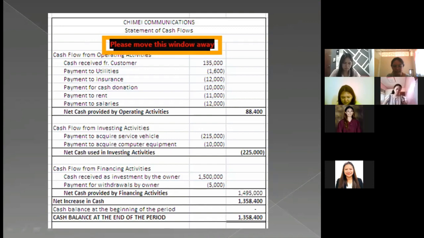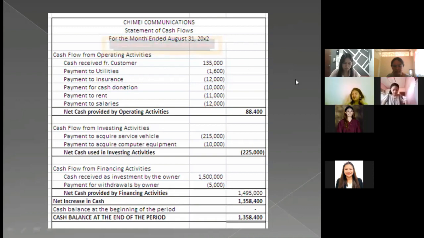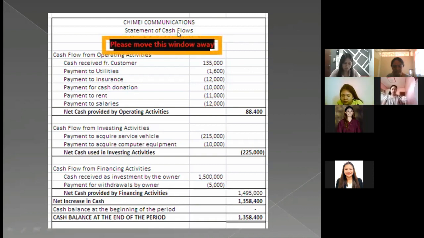The second line is kung anong FS ang gagawin. Pero yung FS na gagawin natin dito is statement of cash flows. Tapos yung date. Sample na dyan is yung for the month ended August 31, 2008.